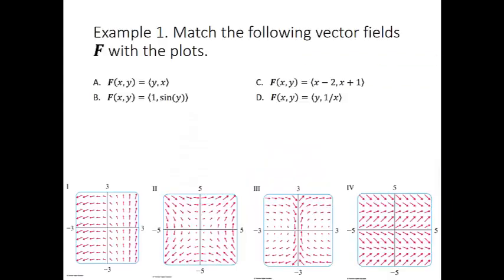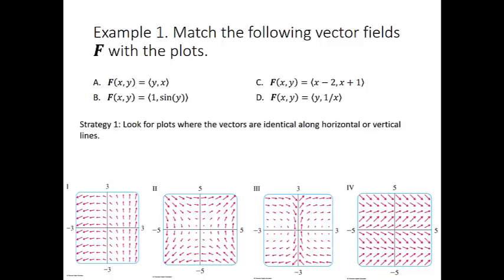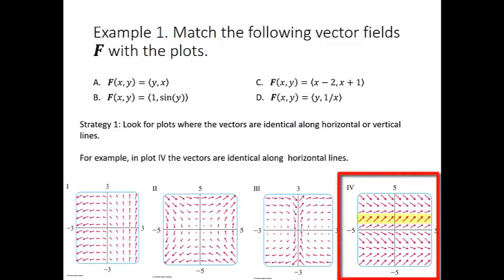Okay, so in this example, let's look at some strategies for matching vector fields with plots. The first strategy is to look for plots where the vectors are identical along horizontal or vertical lines. For example, in plot 4, we see that the vectors are identical along horizontal lines.